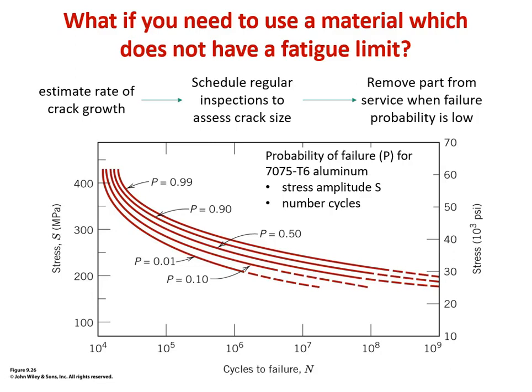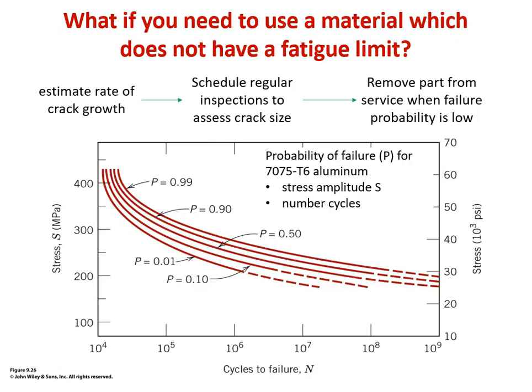So if we say, for instance, we have an application where it's not reasonable to have less than, say, 10 to the 6 cycles to failure, depending on how high our stress amplitude is, we could have a 10 all the way up to 99% probability of failure, depending on whether we had applied something close to 220 megapascals stress amplitude up to about, by 300, we are almost sure to have failed in 10 to the 6 cycles.